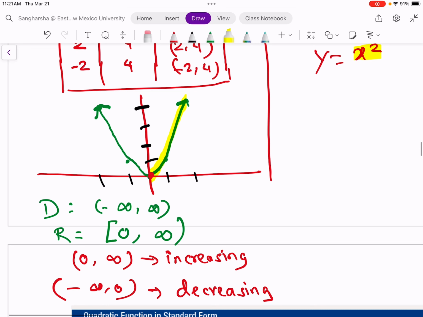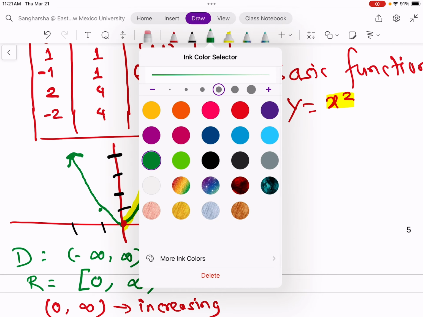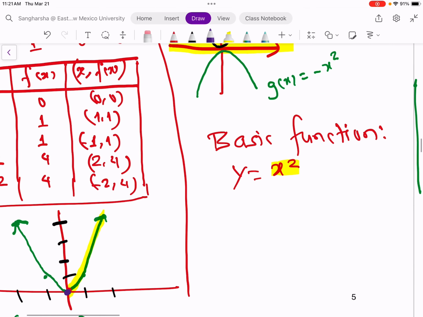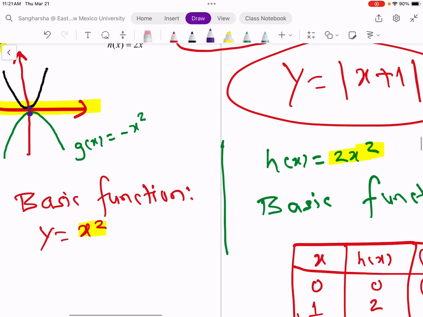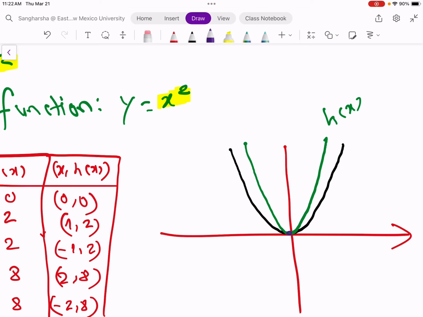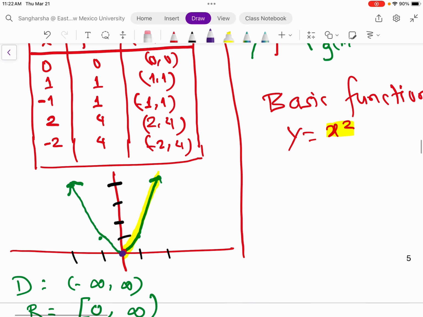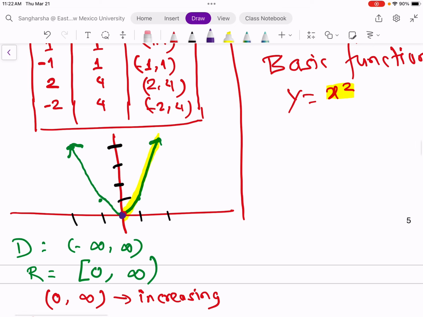Here in every graph we can find a point. We have this point here, this point here, and in the next graph somewhere here. What is the common thing about these points? In every parabola there is one point.